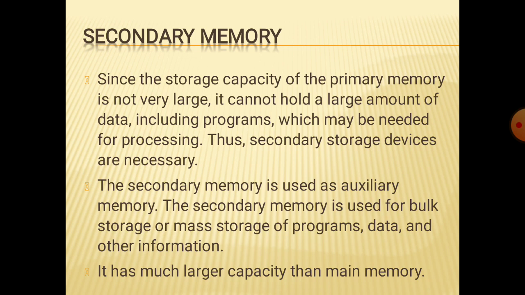It has a much larger capacity than your main memory. In your main memory a few GBs of data will fit, whereas in your secondary memory you can increase the capacity up to terabytes and petabytes, based on how much data capacity is needed by the user.